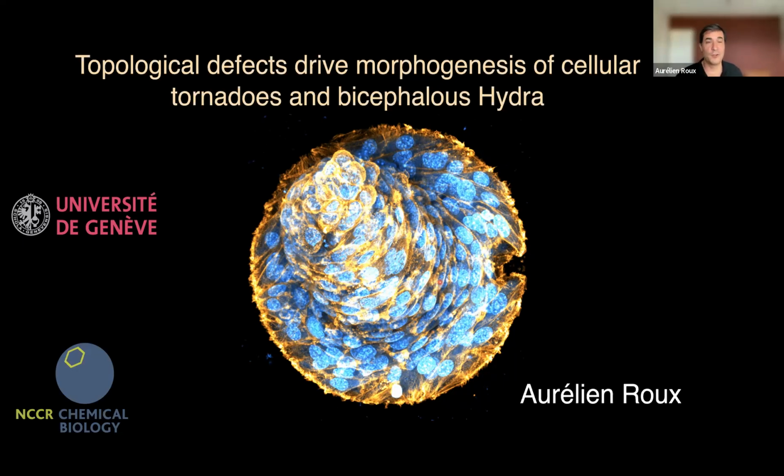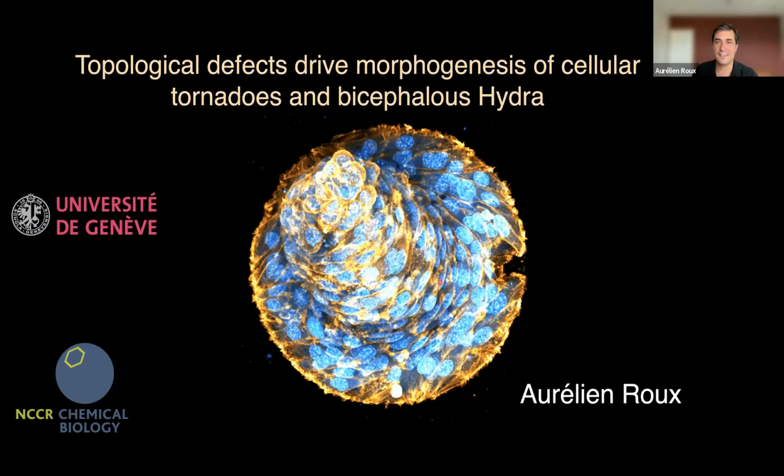But what I'm going to talk about today is completely different, though still reconstitution. We're trying to understand how morphogenesis can be produced in vitro using a few types of assays. That's what I'm going to tell you about today.